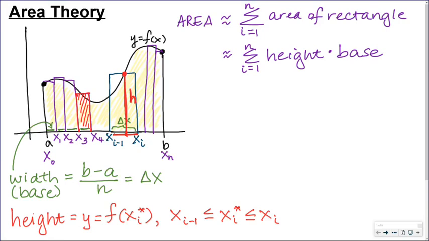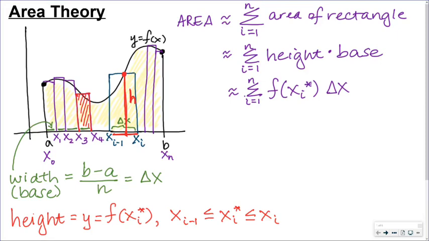So what does that do to our equation? Now we're saying that the area is approximately the sum of the areas of our rectangles from the first to the nth, where the height is f of x i star and the base is delta x. What makes this approximation more accurate is having more rectangles. If you have more rectangles, then your delta x becomes smaller and smaller.